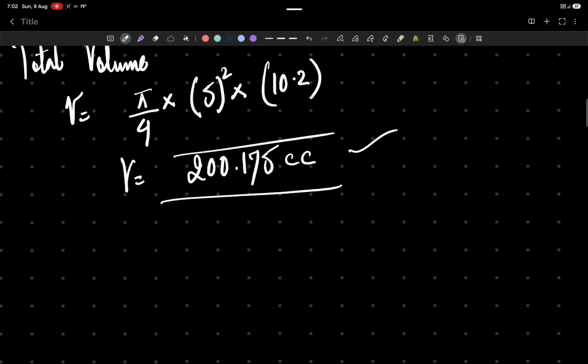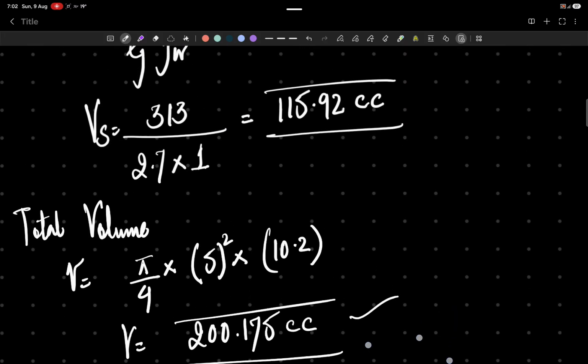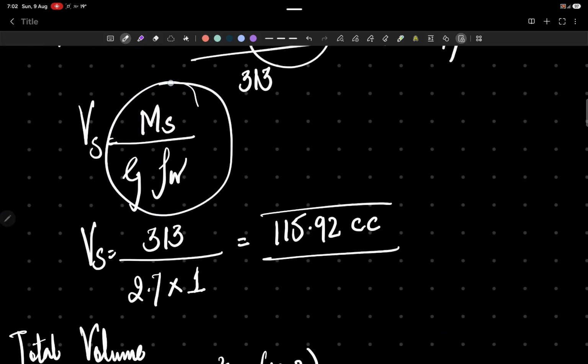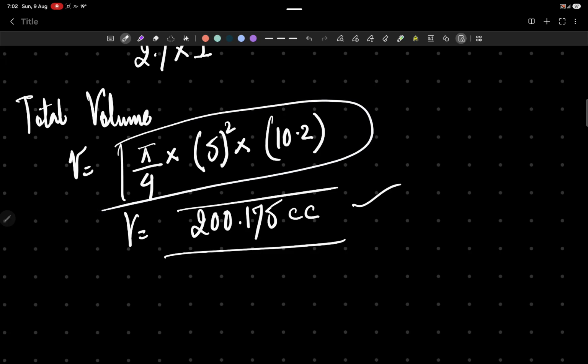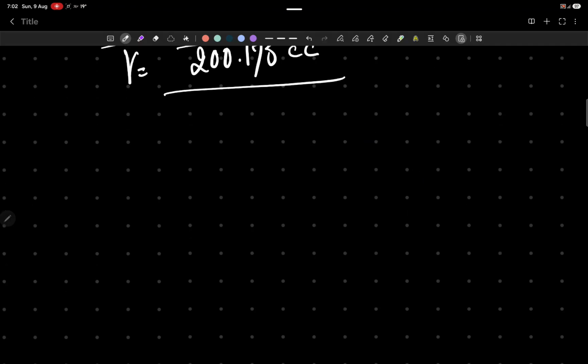All right. Now we know the volume of the solids, which we have calculated using this equation. We know the volume of the soil sample, which we have calculated using the dimensions of the sampling tube. Now we can very easily calculate volume of voids, which is equal to total volume minus volume of soil solids.